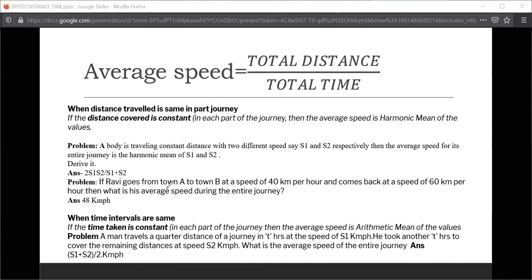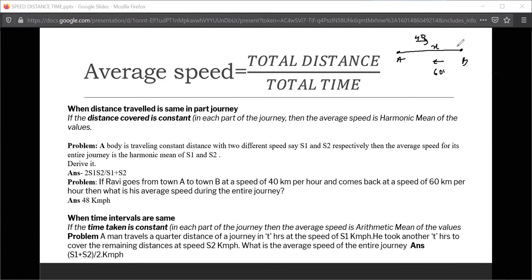Next question, if Ravi goes from town A to town B at a speed of 40 kmph and comes back at a speed of 60 kmph, then what is the average speed during the entire journey? So let's see, this is the town A, this is the town B. While going, the speed is 40 kmph, and while returning, it is 60 kmph.